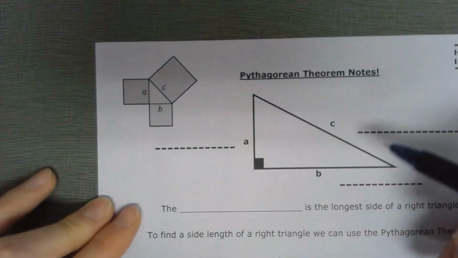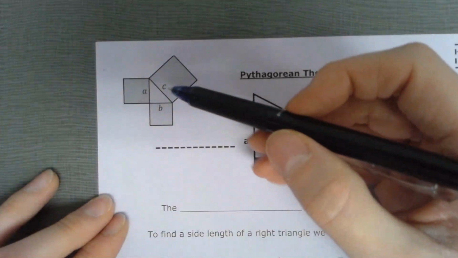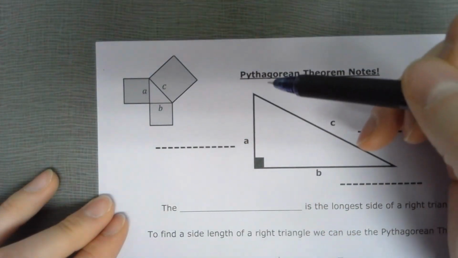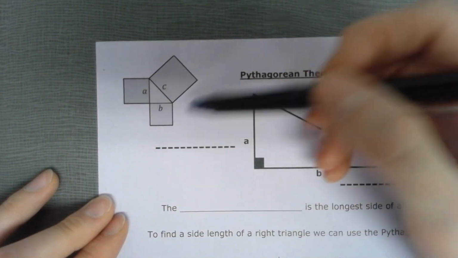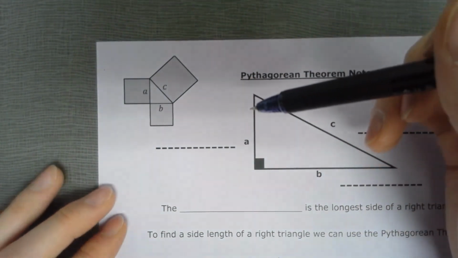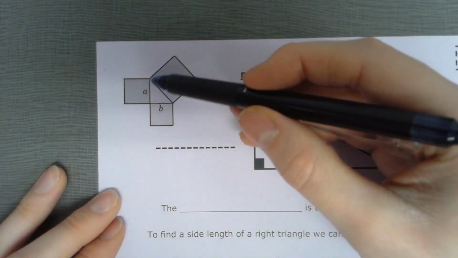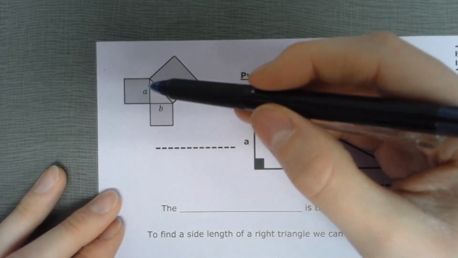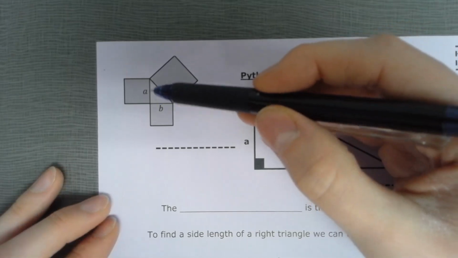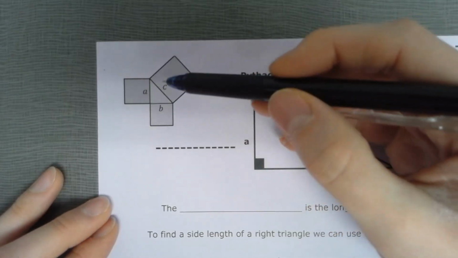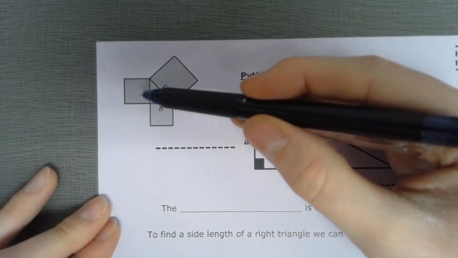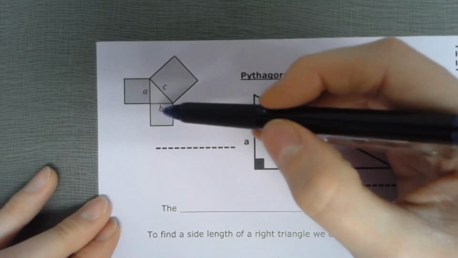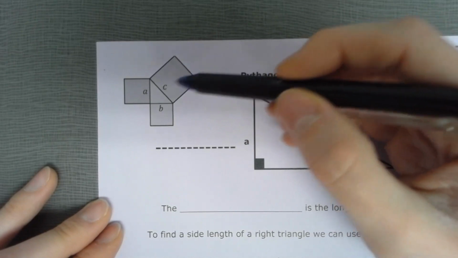Now, the way the Pythagoreans thought of the theorem, because they didn't have algebra yet, was they said, all right, the two legs, if you put a square on the end of each leg that has that leg as a side length, and you do the same for the hypotenuse, the total area of the squares of the legs is the same as the square of the hypotenuse.